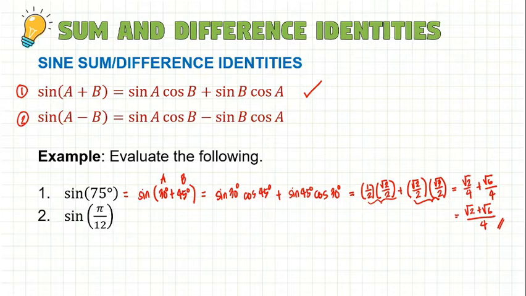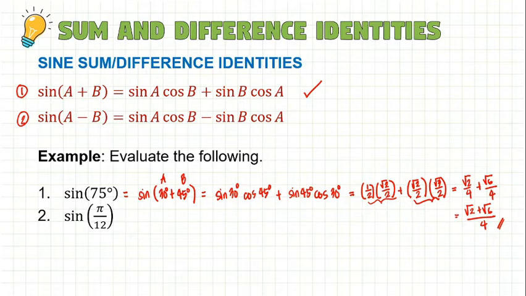Now, the same with number 1. For number 2, we must rewrite this pi over 12 as a sum or difference of two special angles. Now, pi over 12 is just the difference of pi over 4 and pi over 6, right?